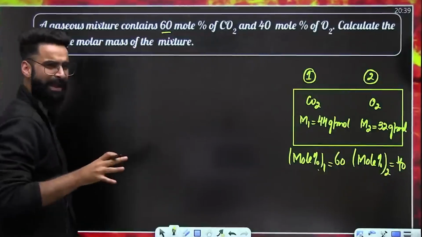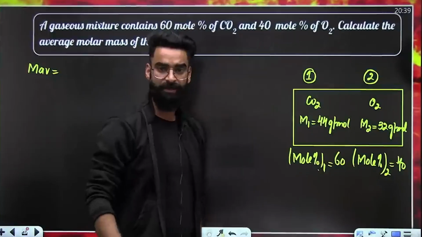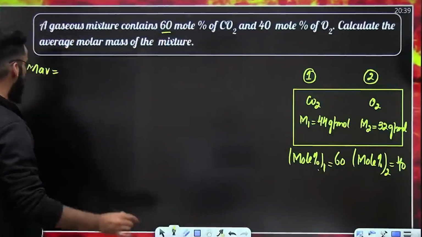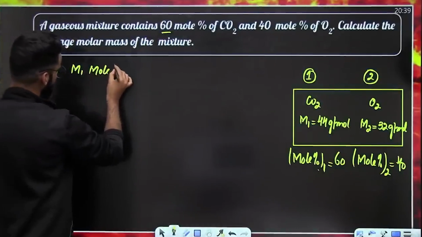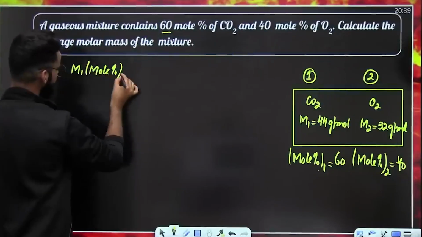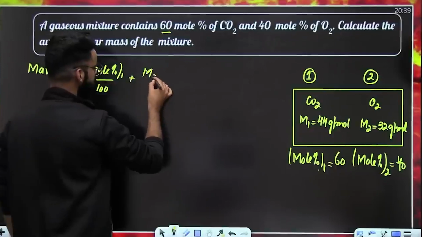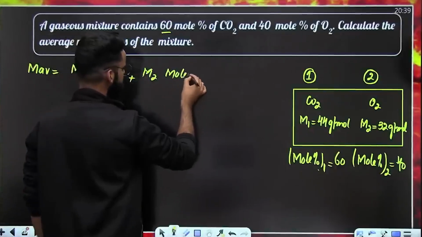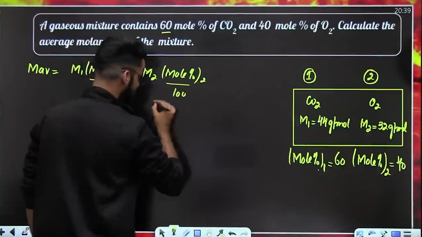My dear students, a few minutes back only, I gave you one result in terms of mole percent, right? That's going to be M1 multiplied by mole percentage of gas 1 divided by 100 plus M2 multiplied by mole percentage of gas 2 divided by 100. Correct?